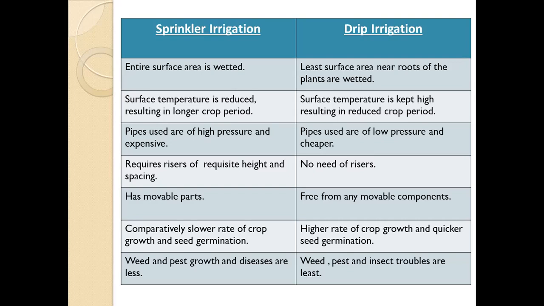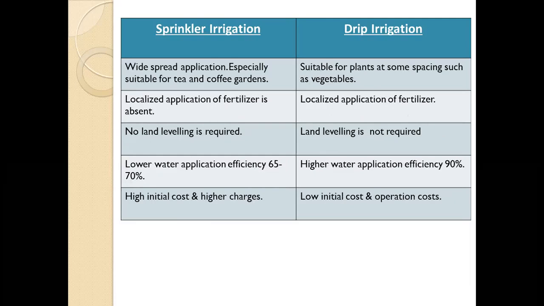There is a comparatively slower rate of crop growth and seed germination in sprinkler irrigation, while there is a higher rate of crop growth and quicker seed germination in drip irrigation. Weed, pest, and disease problems are less in sprinkler, while weed and pest troubles are least in drip irrigation, right? Spray application is especially suitable for tea and coffee gardens in sprinkler irrigation, and drip irrigation is suitable for plants at some spacing, such as vegetables.